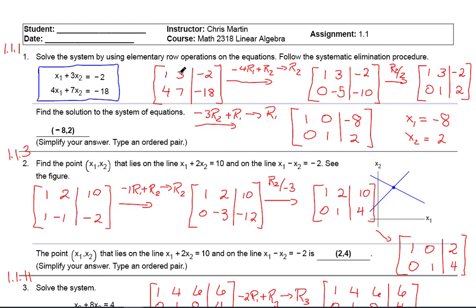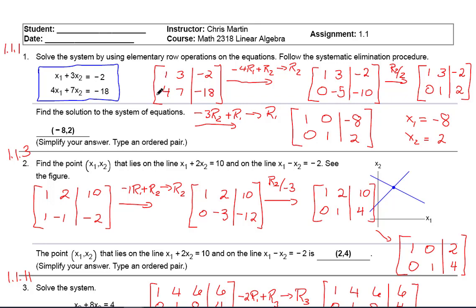So the top line is row 1, we call that R1. Second line is R2, which is row 2. Now, there are certain row operations we can do on this matrix. We can swap two rows, and that will not affect the answers.